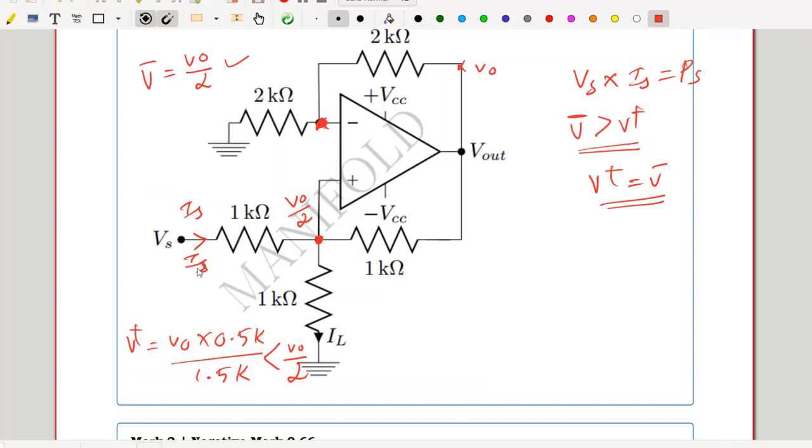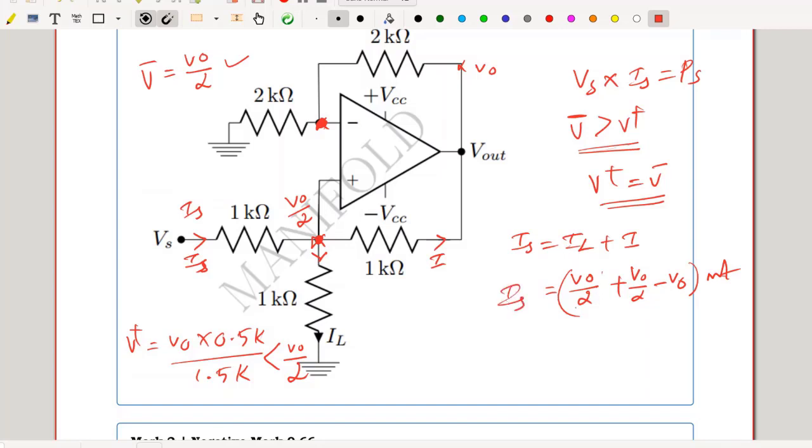So the current flowing in this direction is nothing but the current flowing through 1 kilo ohm, that's equal to IL, plus the current flowing through the second resistance, let me mark it as I. So Is is nothing but IL plus I. IL is nothing but (V out by 2 minus 0) by 1, so V out by 2 milliamperes, plus I, whose value is nothing but (V out by 2 minus V out) divided by 1K.